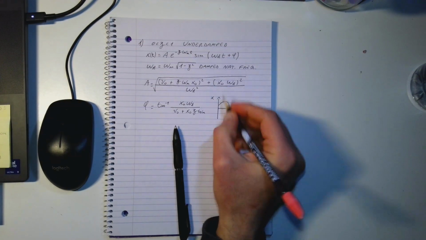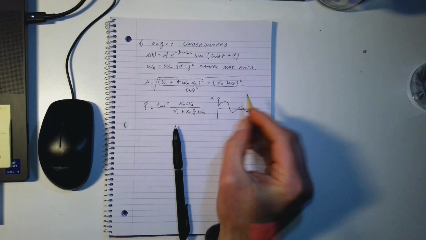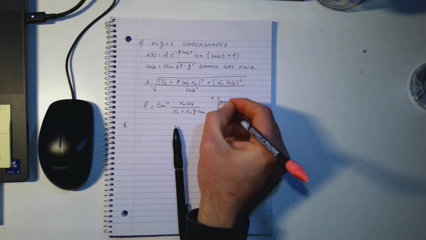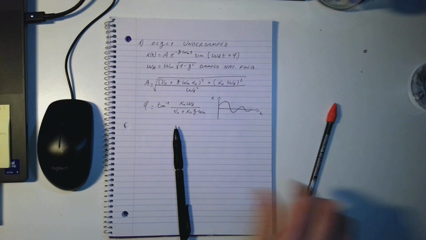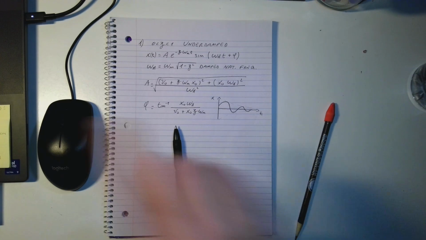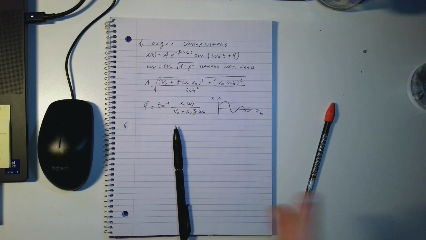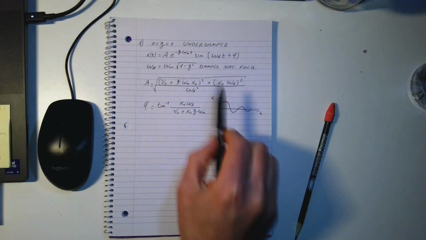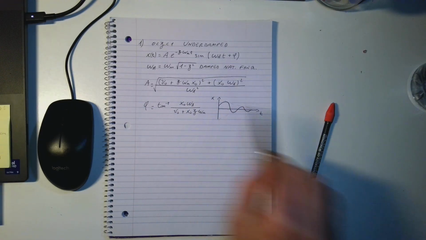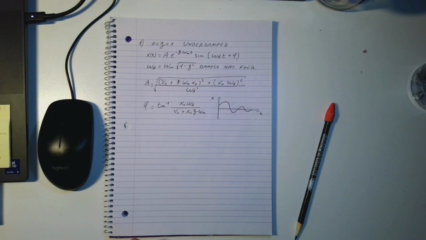We can think about this like a sine wave that is constrained between two exponential functions to reduce the amplitude. And this is still an oscillatory motion because the mass in this case crosses the 0 position multiple times.